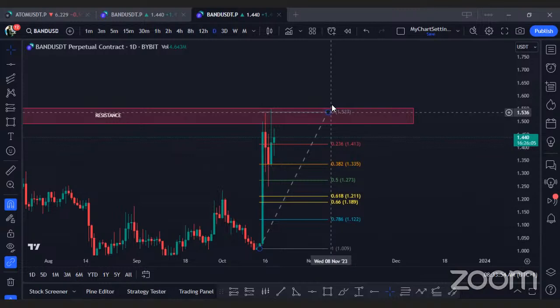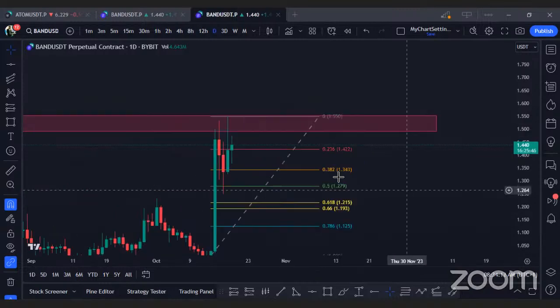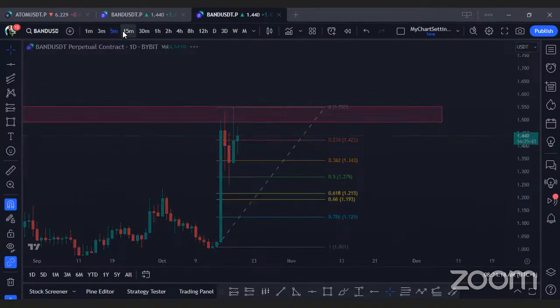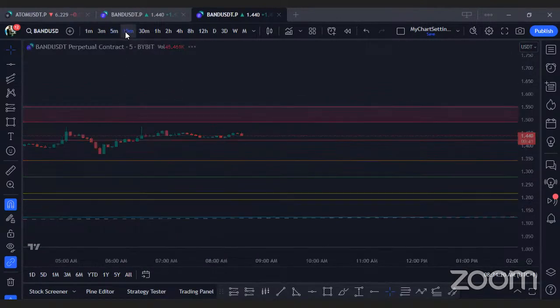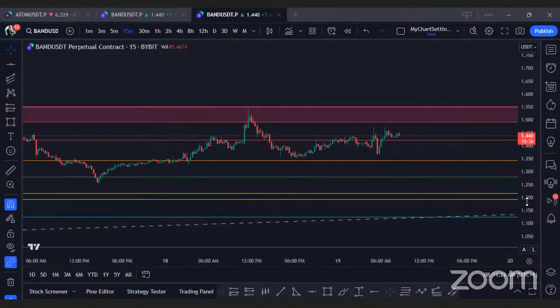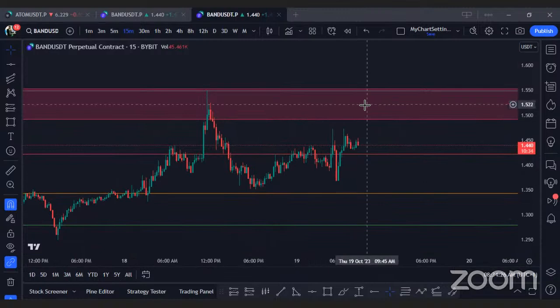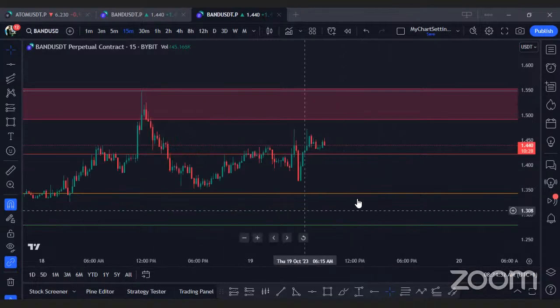For a quick scalp here, I'm going to go to my lower time frame. Let's do 15 minutes, guys. Let this come up there, and then you can be looking at that 1.52, up to that 1.53 level, or even 1.54.